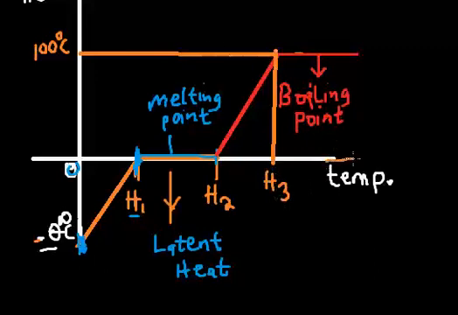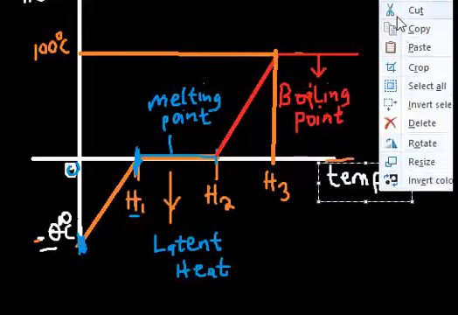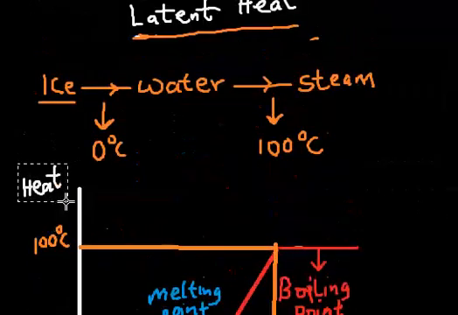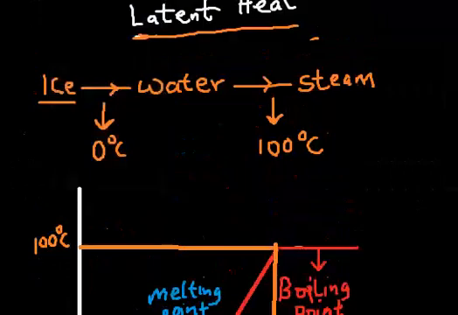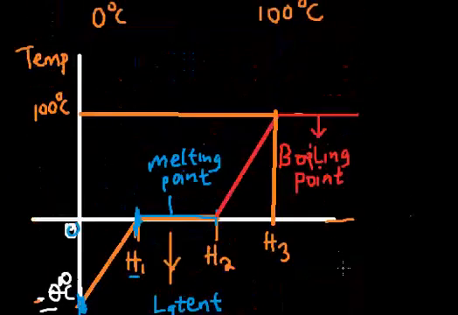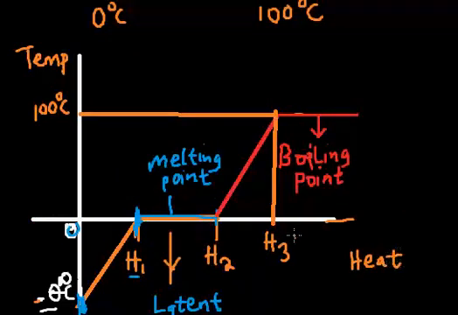Then throughout, so please, the horizontal axis is the heat axis. Please pardon me. The vertical axis is temperature, so I made a mistake. So it's always temperature against heat. So the vertical axis is temperature, while the horizontal axis is heat, the quantity of heat.